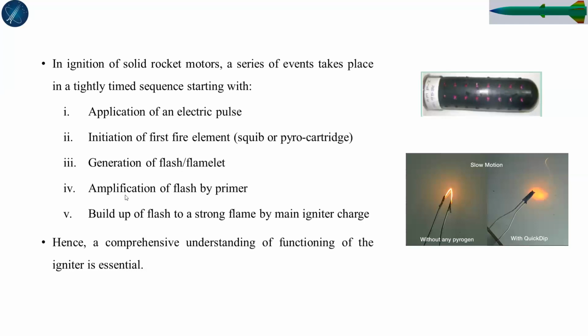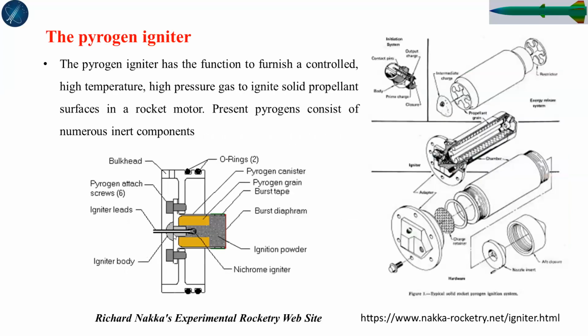The fourth step is application of the flash by the primer, and building up the flash to a strong flame by the main igniter charge. It immediately distributes those flashes or flames to the main charge, that is, the propellant charge. For that, appropriate knowledge is required.